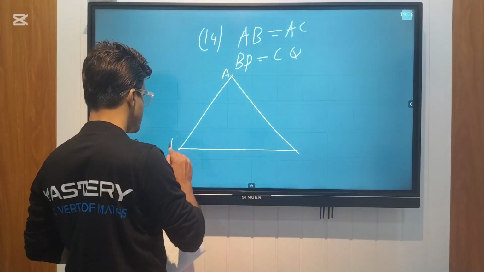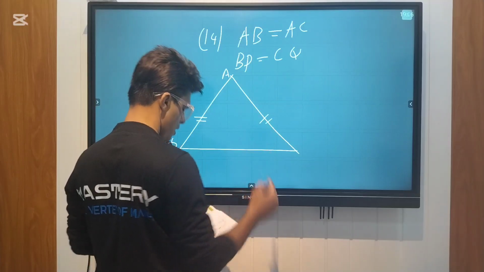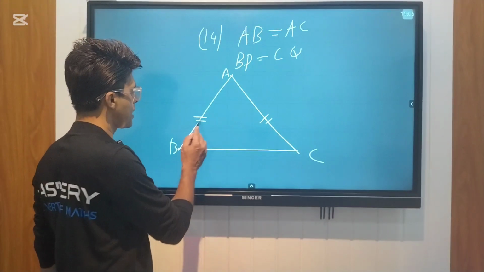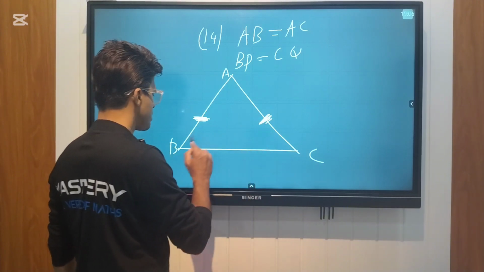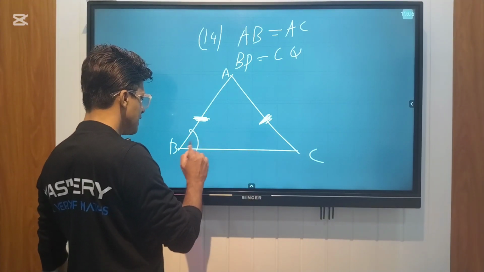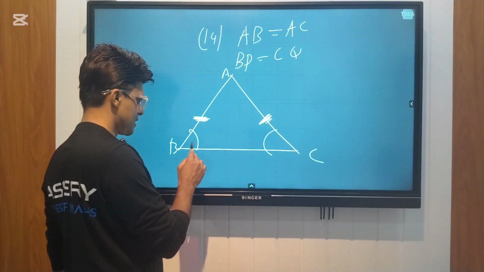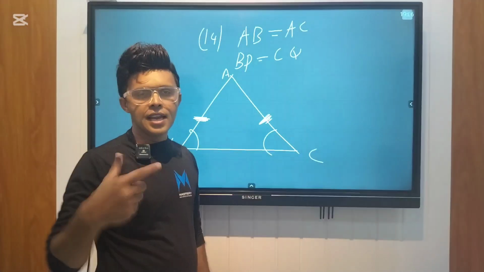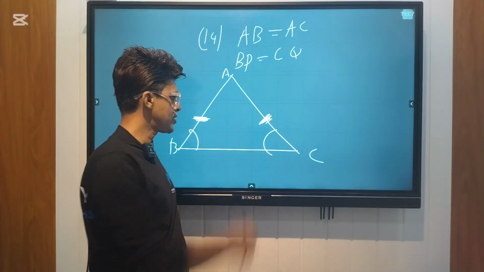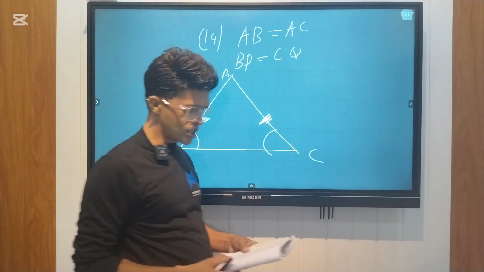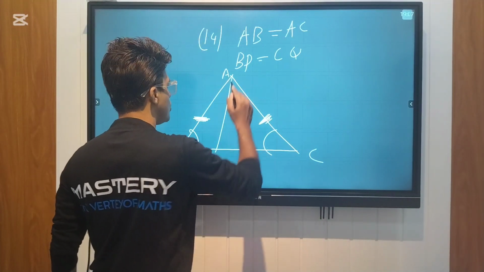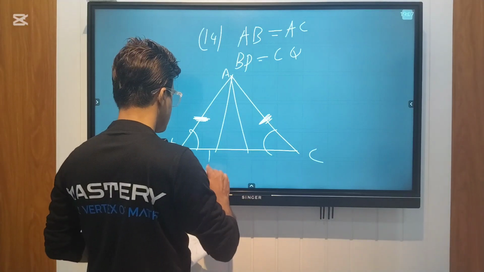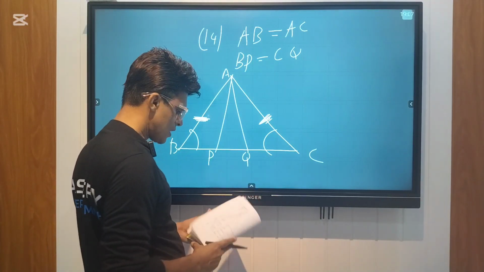This is B. If AB equals AC, and this angle is X, then this angle is also X. In an isosceles triangle, the angles opposite equal sides are equal. It has also drawn these two lines, here P, here Q.